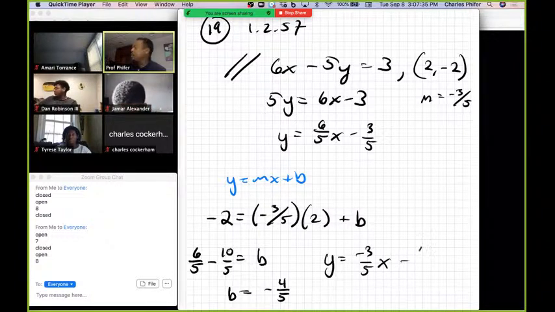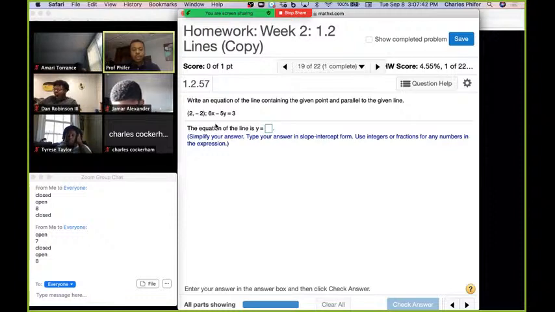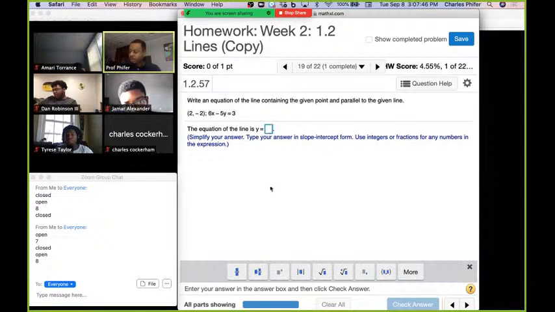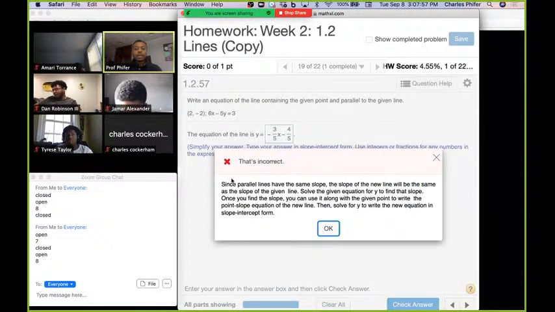Let's try this answer and see how we do. Type of answer: slope, use integers or fractions. So we got y equals -3/5 x minus 4/5. All right, let's see where we made our mistake.